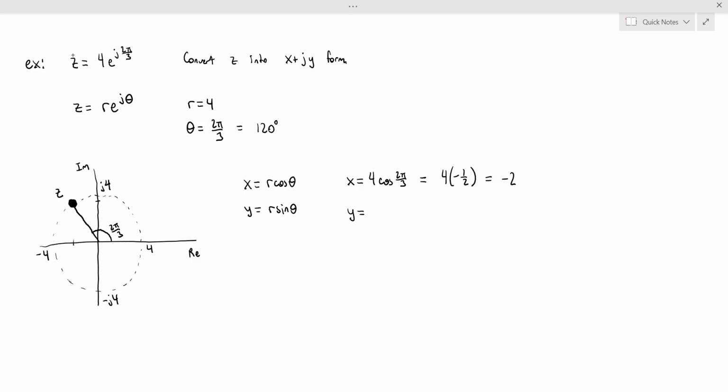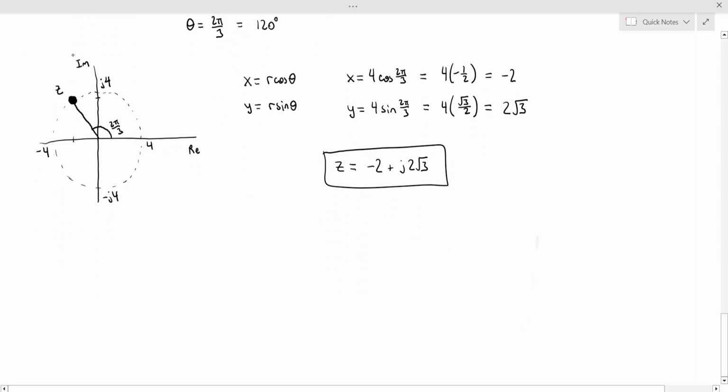Y is r sine theta, r is 4, theta is 2 pi over 3. And then sine of 2 pi over 3 is equal to root 3 over 2. And then here we can simplify that. 4 over 2 is 2, so it gives you 2 times square root of 3. So now that we have the real and the imaginary parts, we can rewrite our complex number z as x plus j times y.